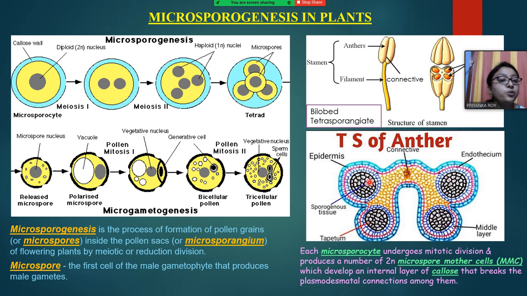Inside the sporogenous tissue, some cells get differentiated into microsporocytes, and these undergo mitotic division and form a number of 2n cells, the microspore mother cells.